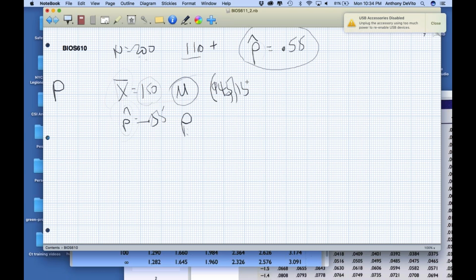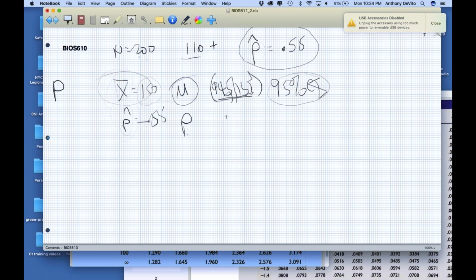And I can quantify my level of certainty: I'm 95% sure that the true population mean is between these two. That's more powerful in a sense than just guessing at what the mean is from a sample. Now, let's finish up this problem with the proportion.